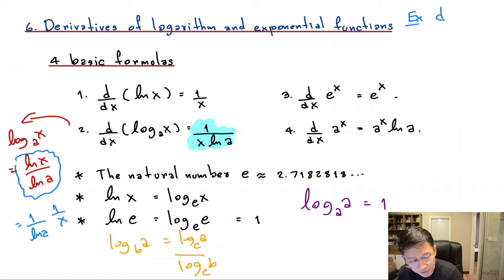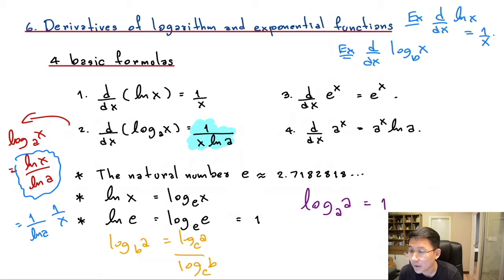d by dx of log x, of course, from the formula is 1 over x. d by dx of log of x base 10 is actually 1 over x log 10. That's the second formula.